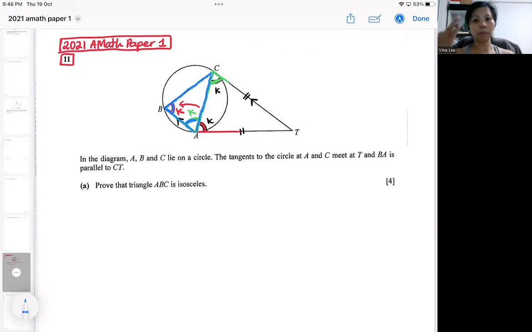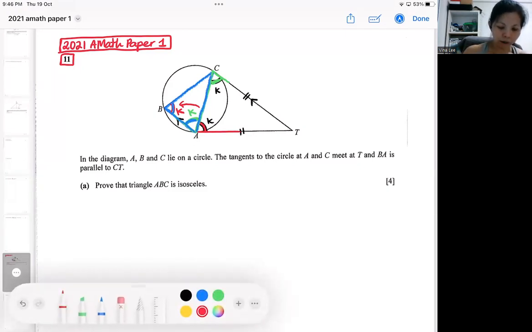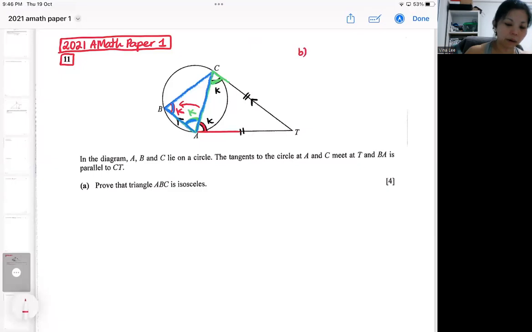So that's it. Three properties, and you get the 4 marks here. So that's pretty easy. Then for the subsequent part, if you already have a set of algebra, we try to carry on with it. In part B, I'm interested to prove that BCA is equal to CTA.